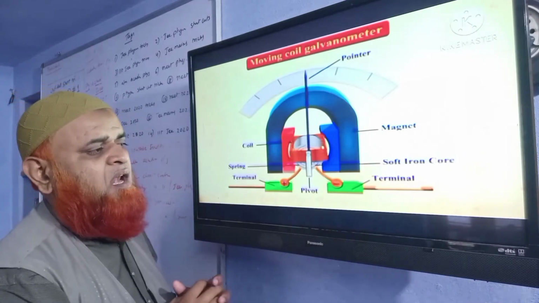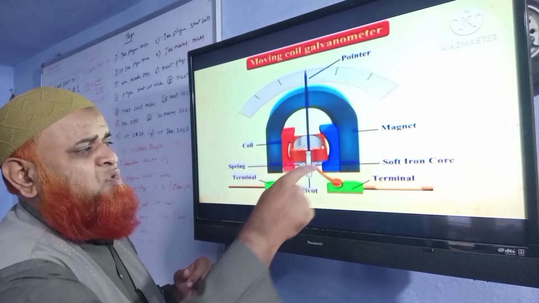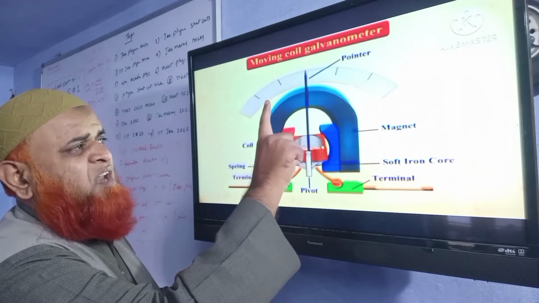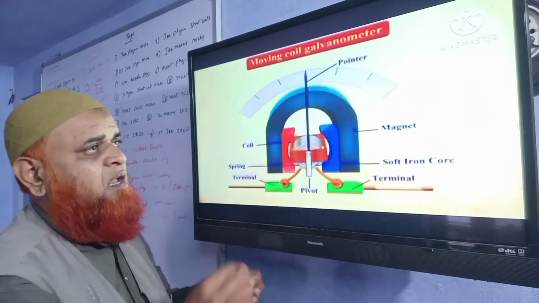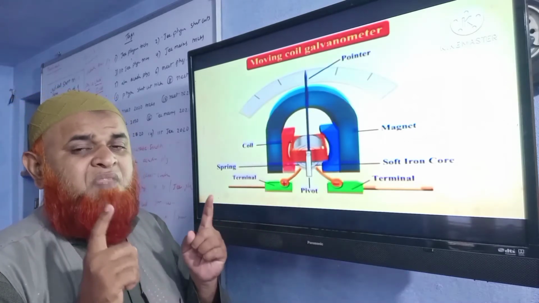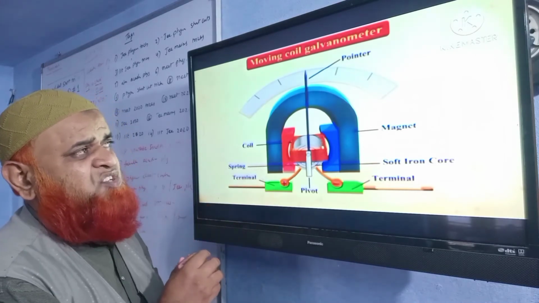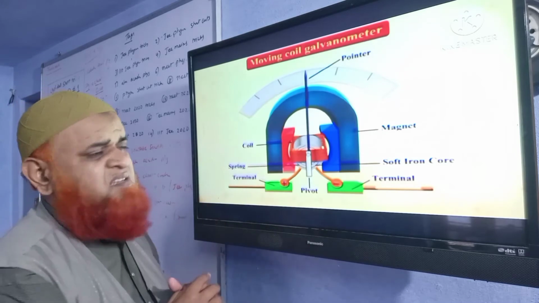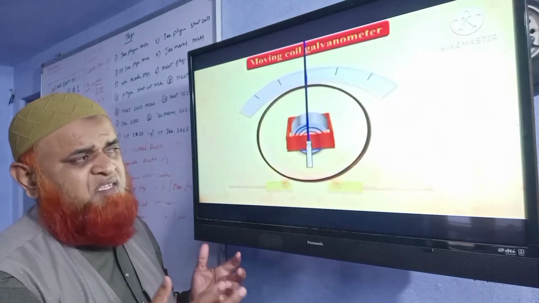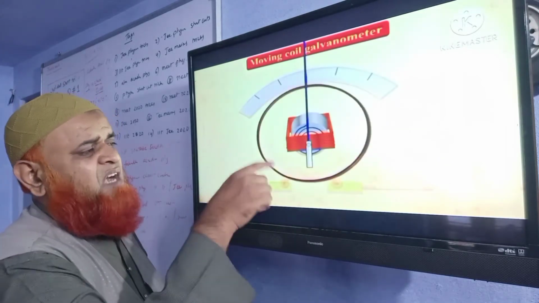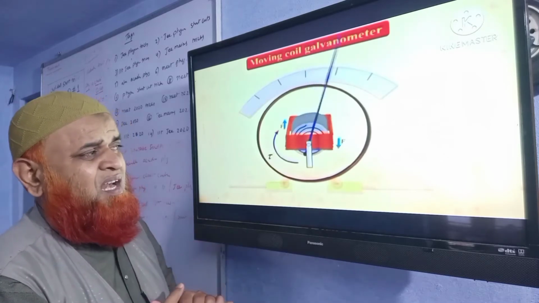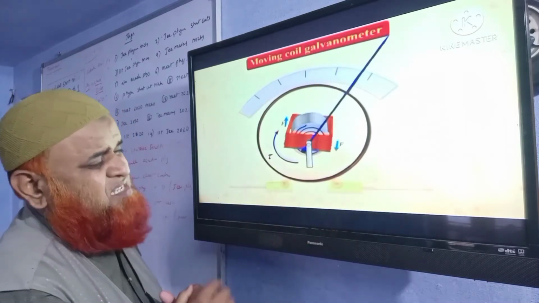Whenever the current passes through the coil, the pointer will move towards the right, showing the current passing through the coil. If the current moves in an anti-clockwise direction, then the pointer will move to the other side. Let us see what happens here. Whenever the current passes through this coil, the pointer will move to the right side.